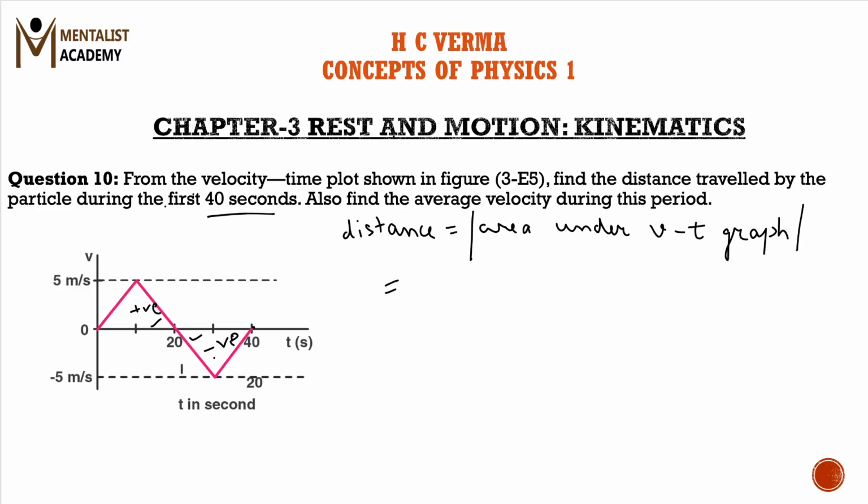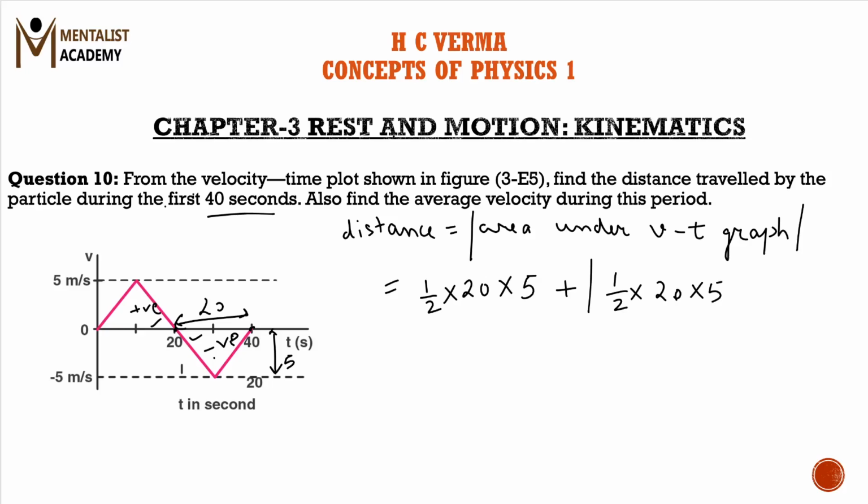The base of the first triangle is 20 and the height is 5, plus the mod of the second triangle, from 20 to 40, the base is again 20 and the height is minus 5, but we will take it as 5 because we are taking the mod.